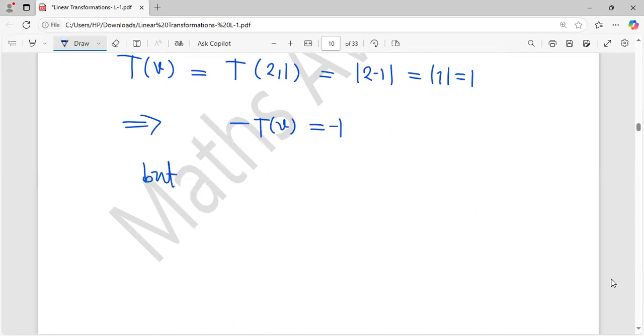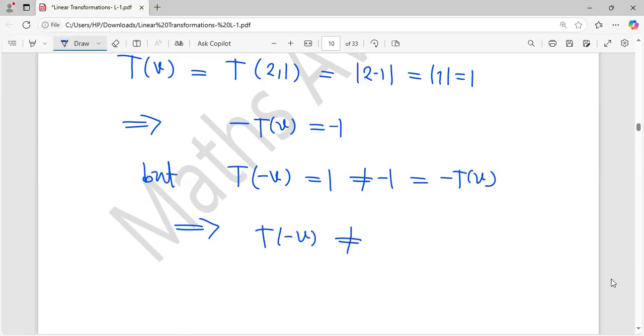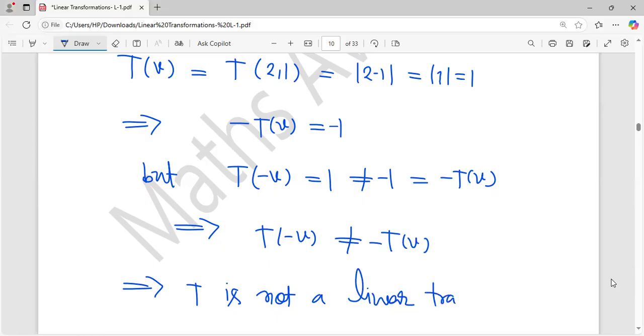But T(-v) is not equal to minus T(v). So this implies T is not a linear transformation.